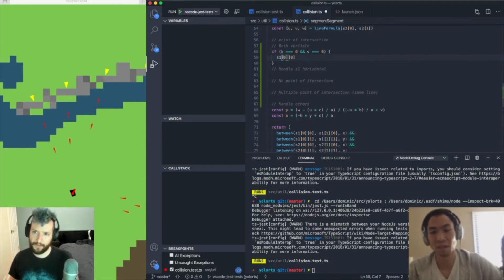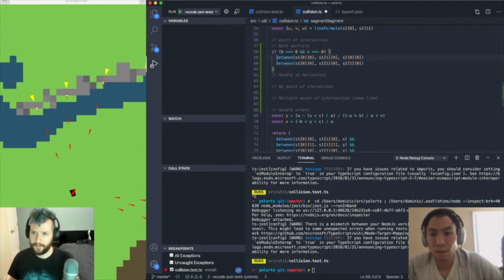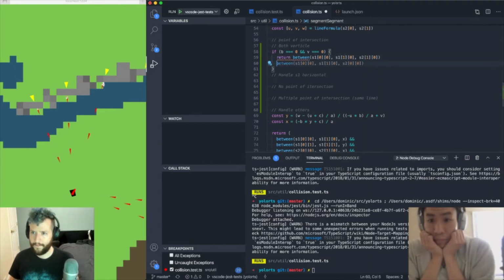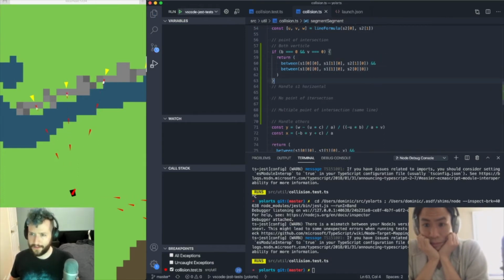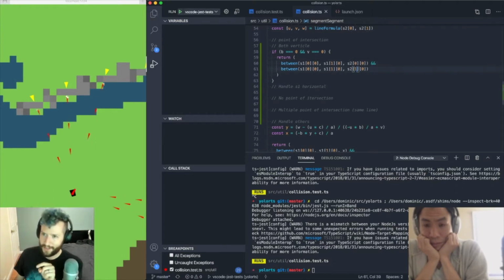We want to check between S1 and S2. I think I might have just done backwards of what you said. I'm trying to think here. Does either y point on segment 2 fall between the y coordinates on segment 1?